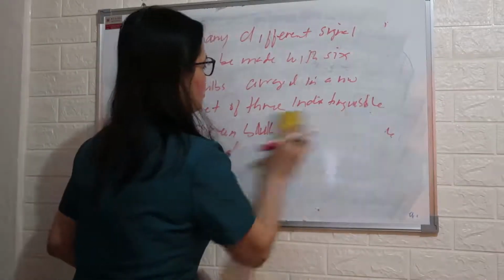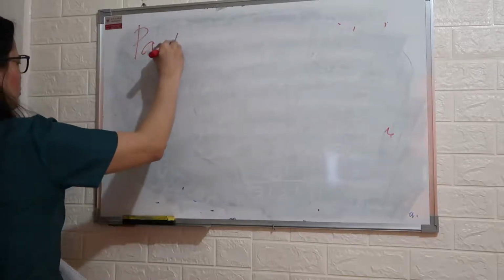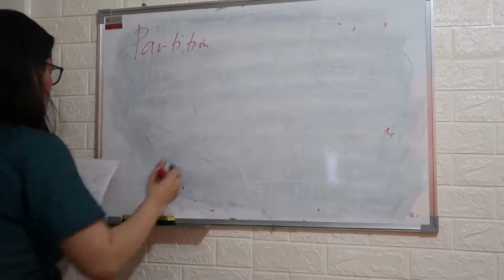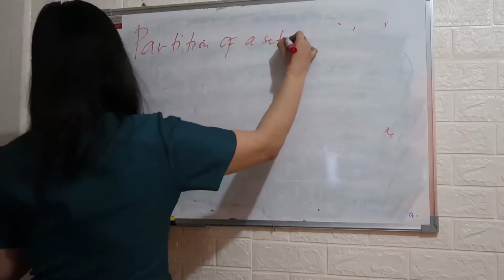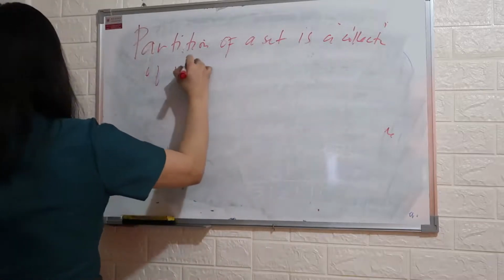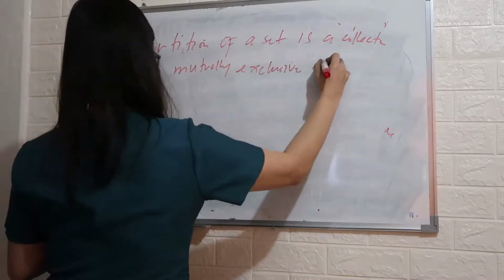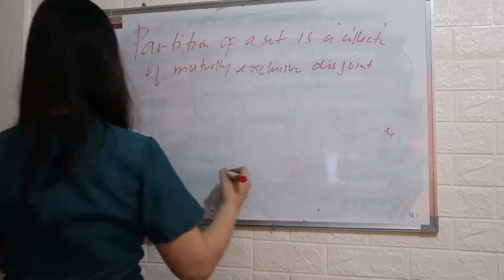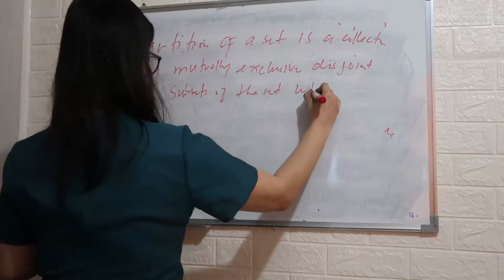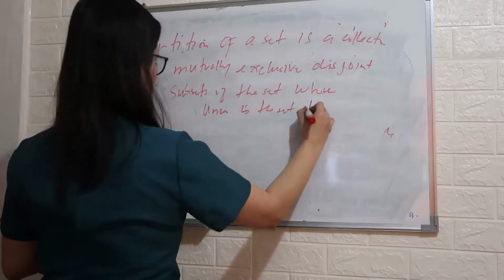Next, partition. So what is partition? Partition of a set is a collection of mutually exclusive, disjoint subsets of the set whose union is the set itself.